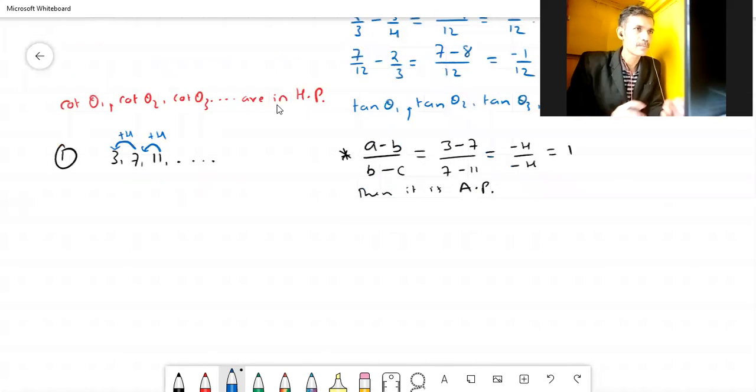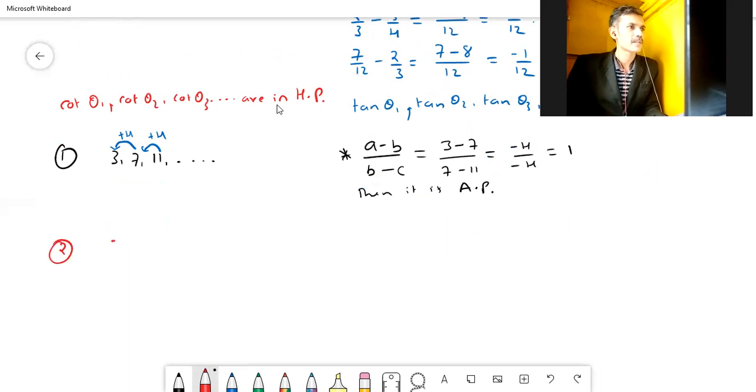Next, one more example: a geometric sequence. 3, and we'll multiply by 4. 3 times 4 is 12, 12 times 4 is 48. See how to identify it. The same ratio we calculate, a minus b upon b minus c.